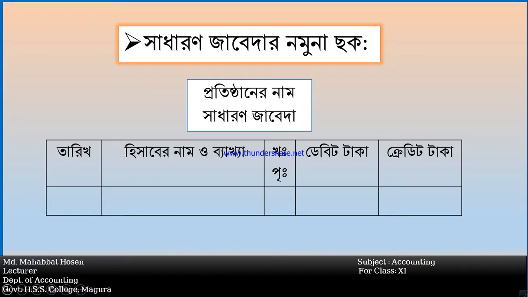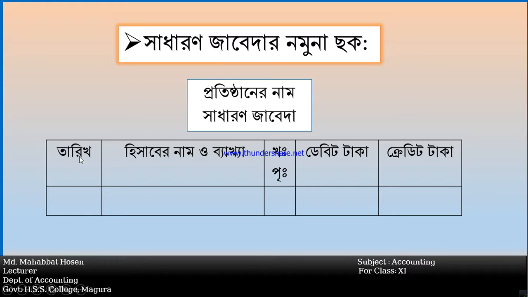So, here is the general format of a journal. At first, you have to write the name of the organization. After that, general journal. Then 5 columns. How many columns? 5.